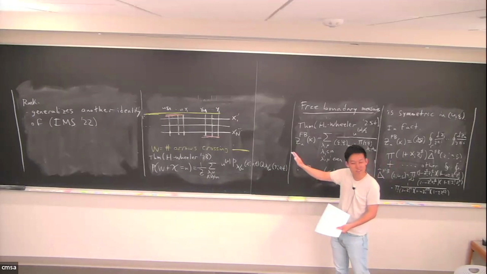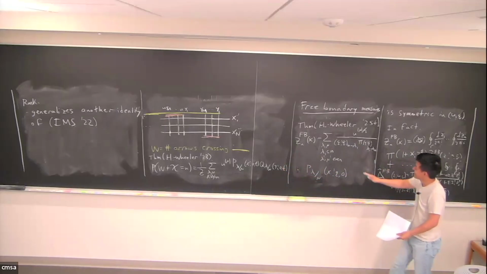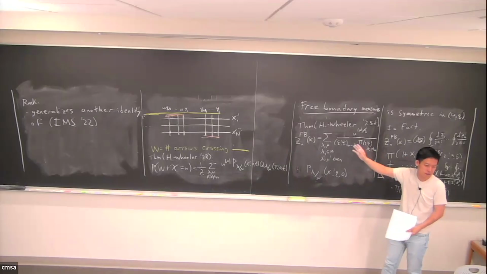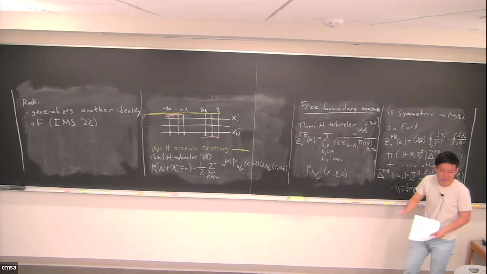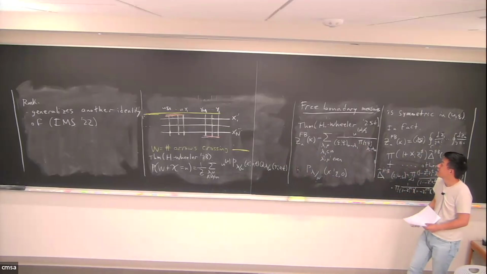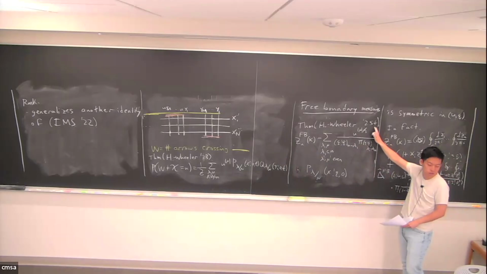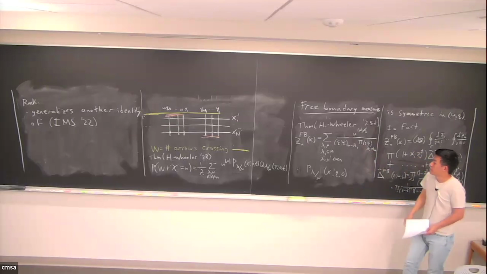Okay, and it's really not so easy to show. And even in our case, the proof is harder in this free boundary case than in the periodic case. But I will not try and explain the details of that. And so this is one reason why it took us a while after we got the periodic result to get the free boundary result. You do need some new ideas in the proof of this result.